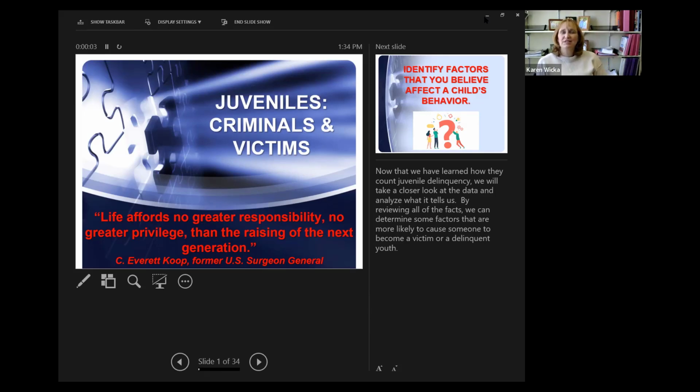Okay, now, just to get us thinking about this, I want you to think about what factors you think affect a child's behavior. What are some of the things that you think would either push somebody towards becoming delinquent or protect them against becoming delinquent? What would you identify as some of the things that would affect children?